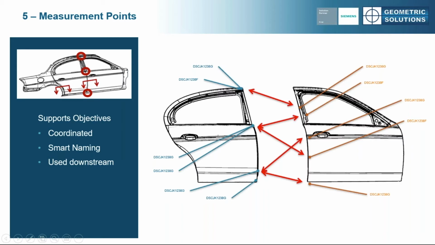It's very hard to root cause it. And the goal is to be able to root cause. I have my goals, my objectives, and my tolerances, but if I don't have a way to root cause when there's a problem, it becomes an issue. So having this coordinated and documented as points in the PMI under the tolerance, being a child of the tolerance of those features, is needed to make sure that I can support this all the way through this PLM process.